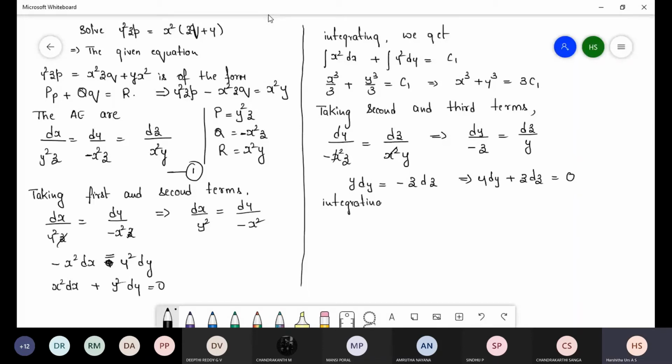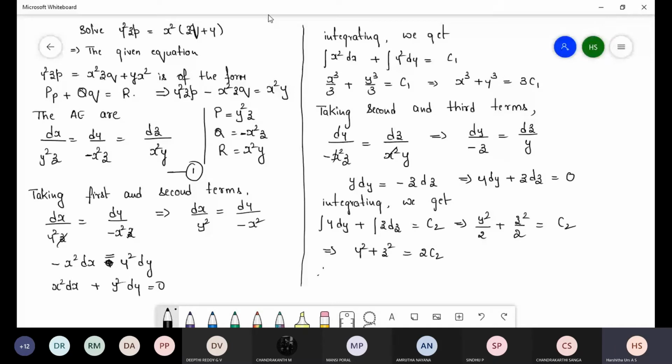Integrating, we get integration of y into dy plus integration of z into dz is equal to constant c2. So integration of y is y square divided by 2 plus integration of z is z square divided by 2 is equal to c2. That implies y square plus z square is equal to 2 into c2.